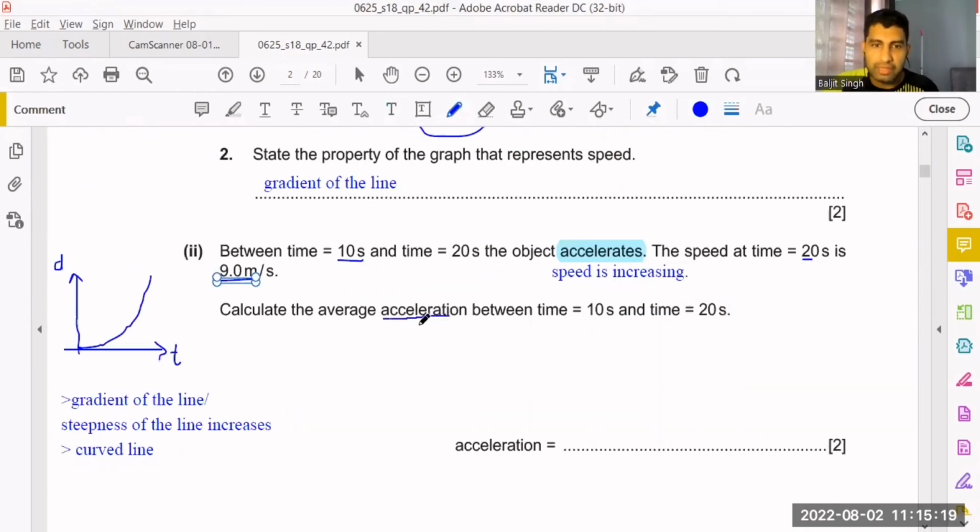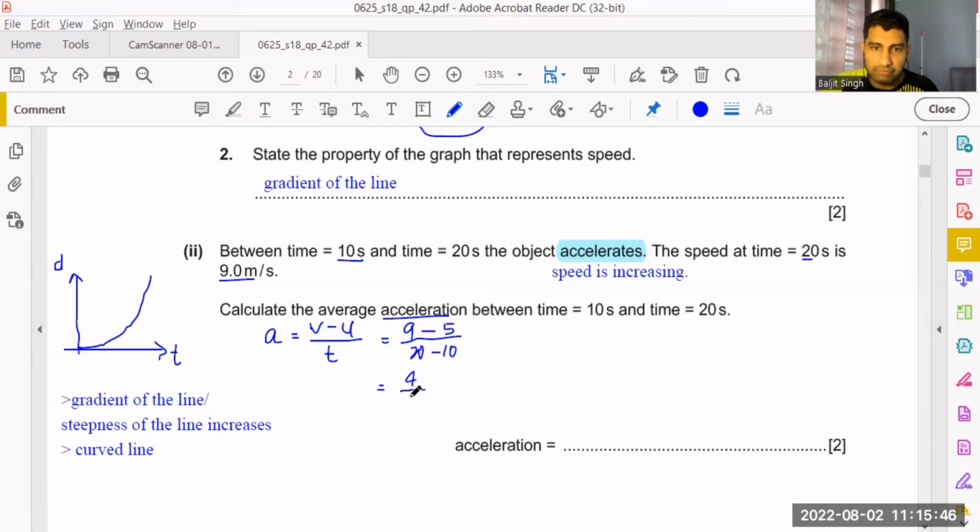So according to the idea of acceleration, acceleration is always the change in the velocity divided by the time taken for the change in the velocity. So the velocity changes from 5 to 9. So final velocity minus initial velocity, which is 5, divided by the time taken for the change, which is 20 seconds minus 10 seconds. It takes 10 seconds to change the speed.